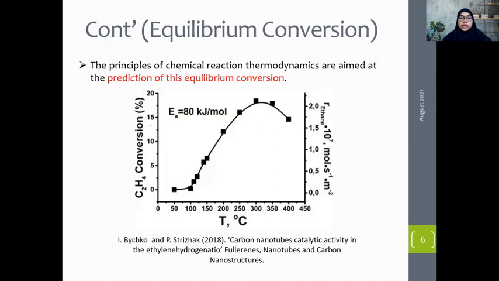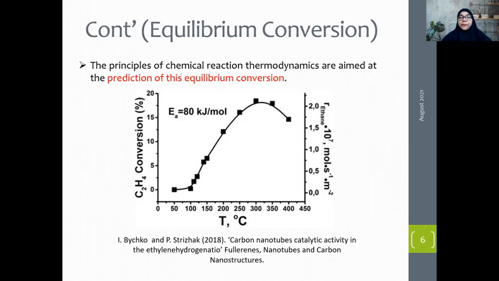Let's take a look at the study done by this researcher to obtain the maximum conversion. In general, we can say that the maximum conversion can be achieved at a certain temperature, and it will start to degrade or reduce once it passes the maximum value.